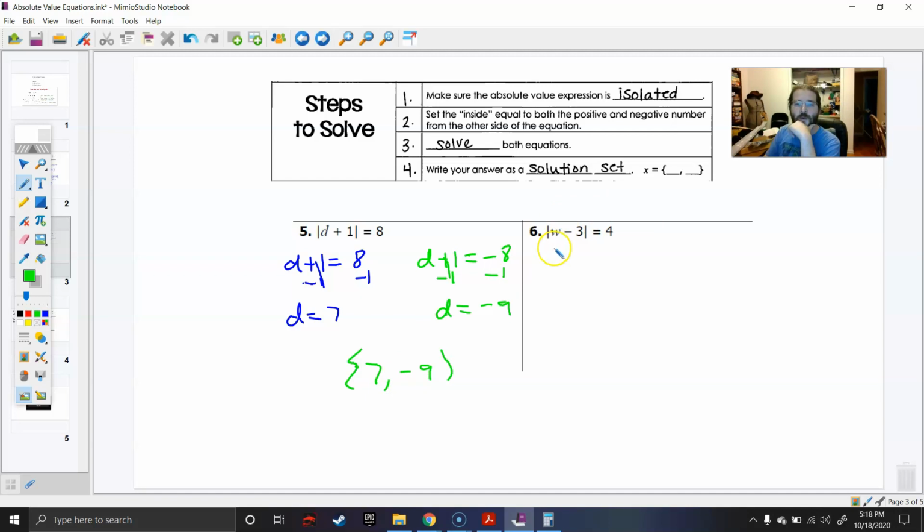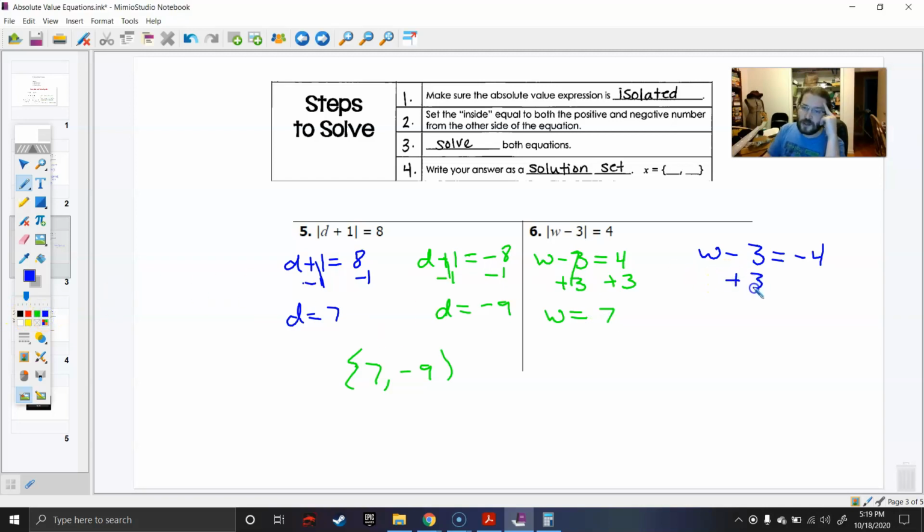All right, one more of this type, and then we're going to have a little bit different stuff. So w minus 3 is equal to positive 4. W minus 3 equals negative 4. So we're going to add 3 to each side. W is going to be equal to 7 in this case.